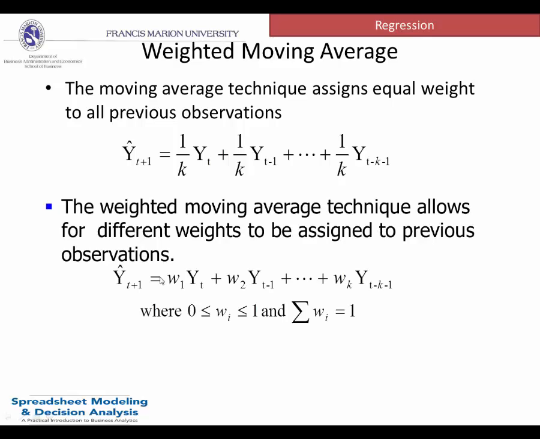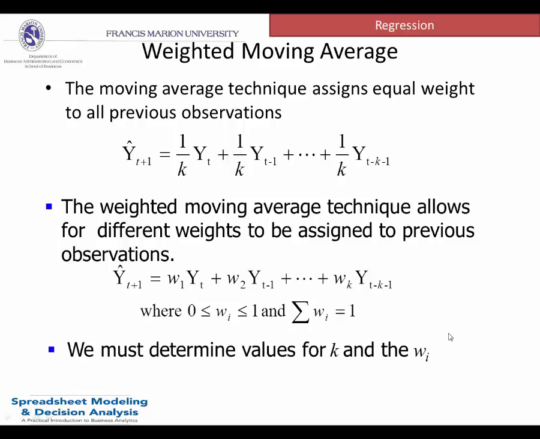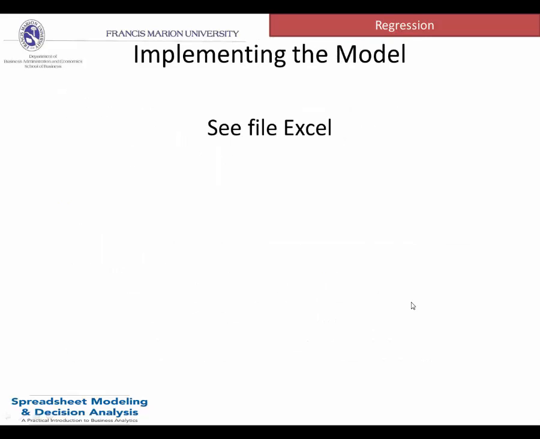Weighted moving average techniques allow us to assign different weights to previous observations, and the sum of all these weights should be equal to 100%, and each weight is between 0 and 1. And ideally, we need to determine values for your weights, and we can actually do that using our solver.